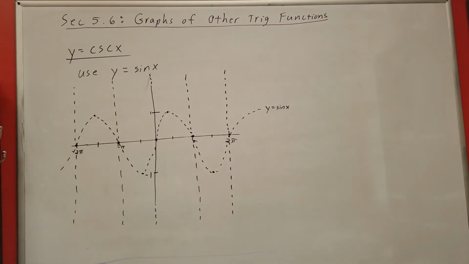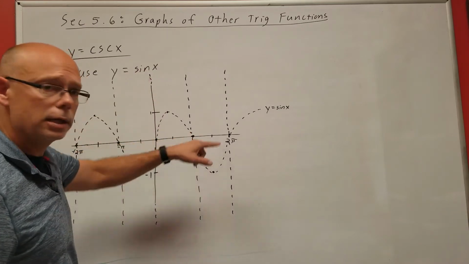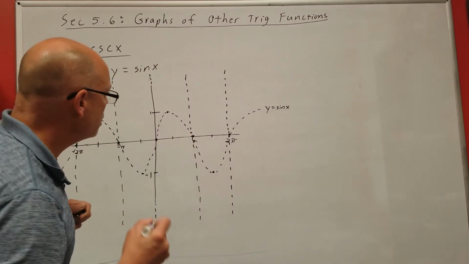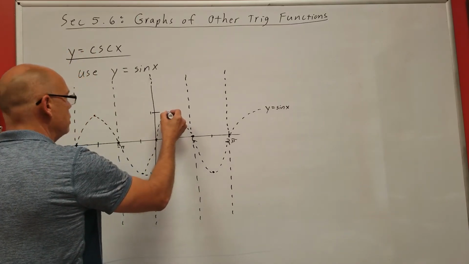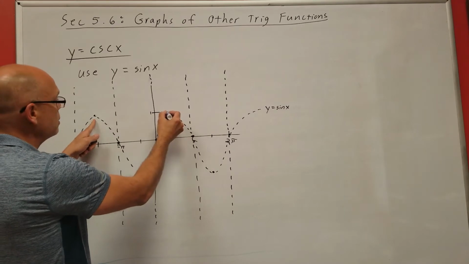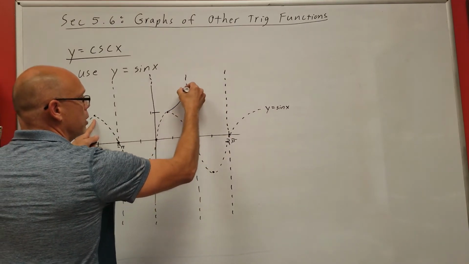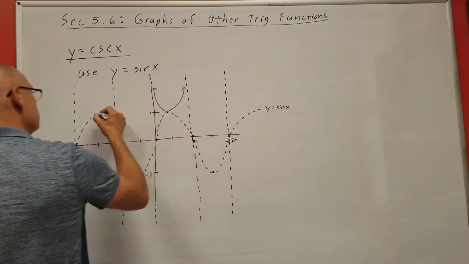All right, now, what do I actually want to draw? I drew my sine function. I drew some vertical asymptotes at each one of the x-intercepts. But now I really want my cosecant graph. Now, what my cosecant graph is going to do is that at each one of these peaks here and here, or each one of these maximums of your sine function, it's going to be kind of parabola shaped, like it'll look like that.